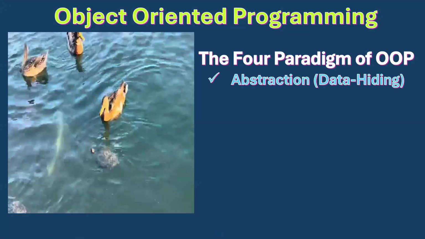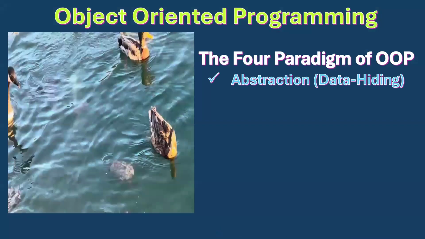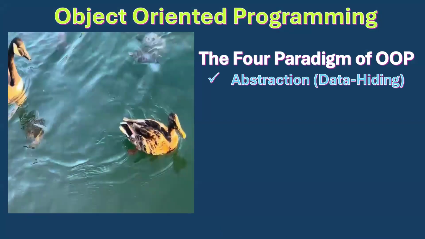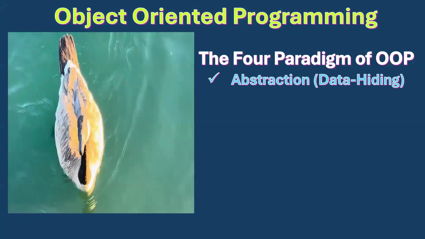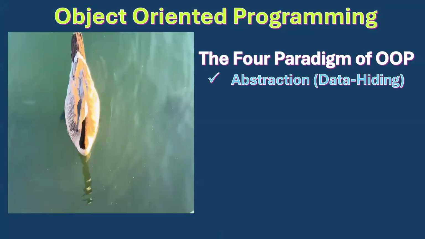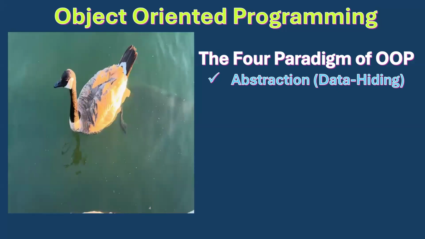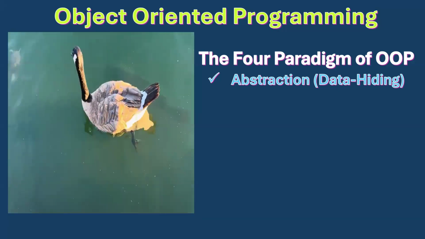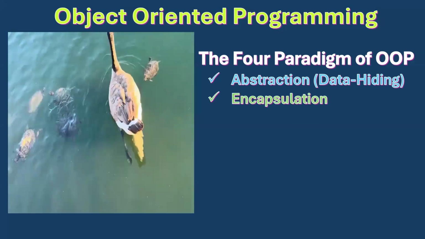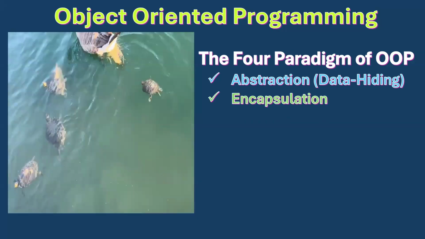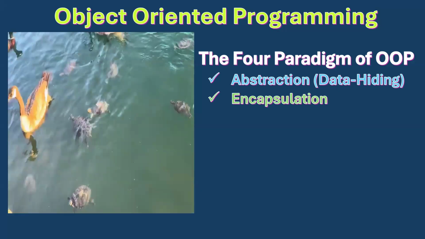The first one was abstraction, or data hiding. Because when you create a class name as a template, by defining a class name like car, employee, duck, cats, pets, anything, you're just abstracting the detail, data hiding. Then encapsulation is the form of objects.